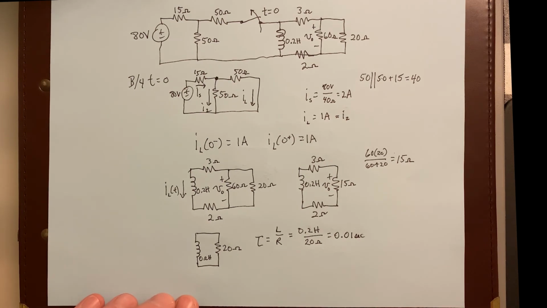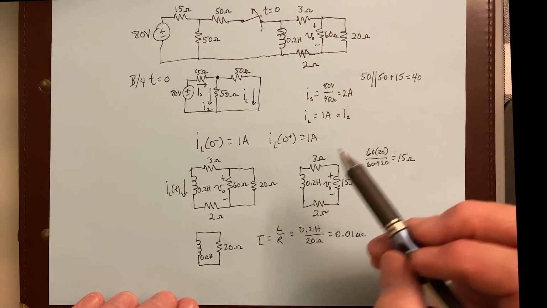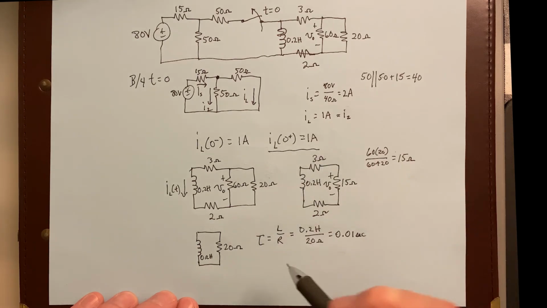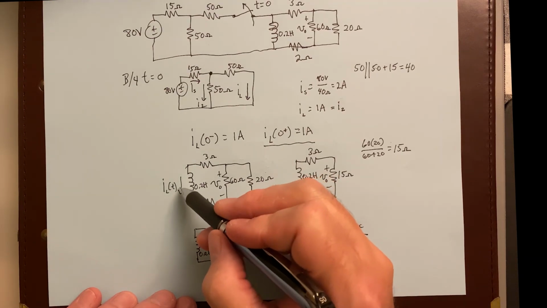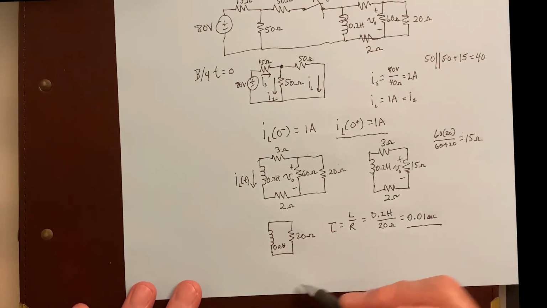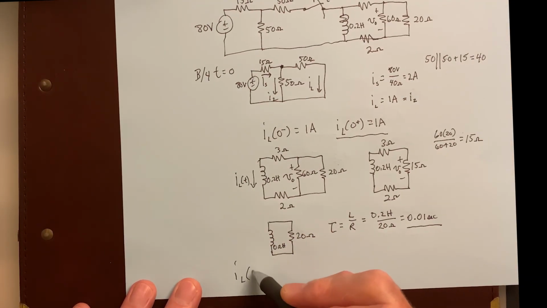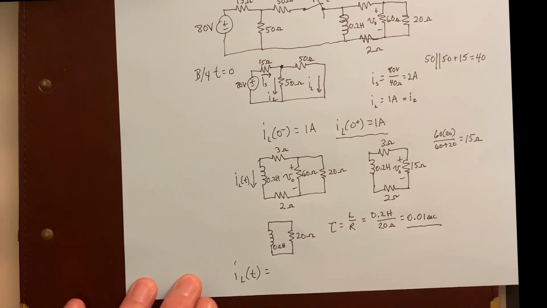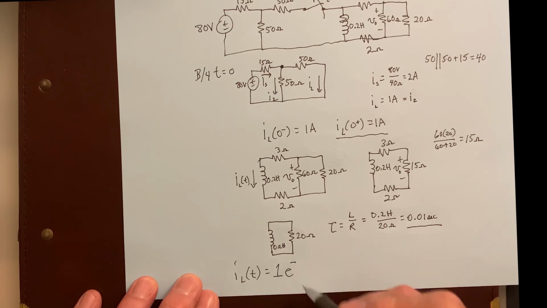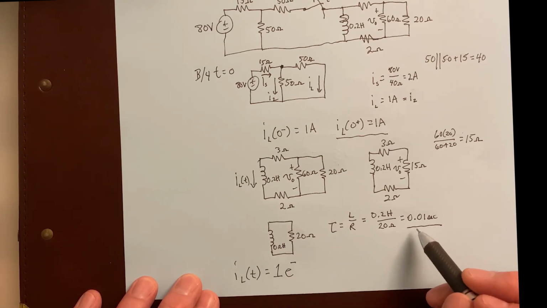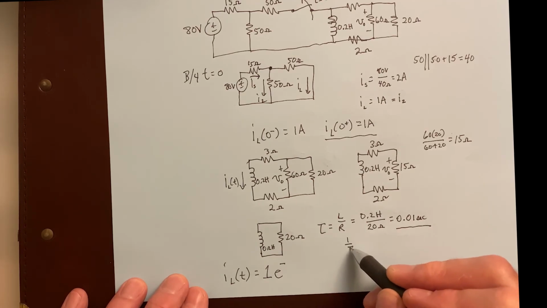Okay, so given this, we can now say that this current I sub L as a function of time is going to be 1 times e to the negative t over tau, so 1 over tau.